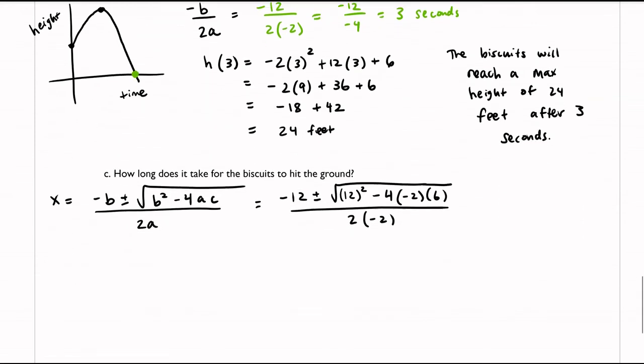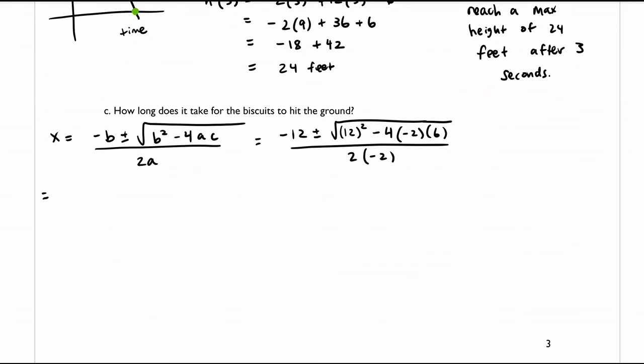All right, so let's go about simplifying that. So we get negative 12 plus or minus the square root of 144. Let's see. Negative 4 times negative 2 is positive 8, and then 8 times 6 is 48.